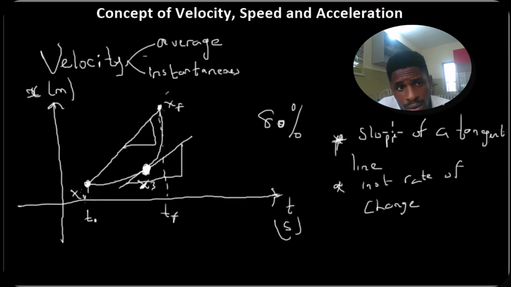All right, so now that we're done talking about velocity, it's time to move to our second concept, which is speed. What is speed? Before we talk about speed, let's quickly add that velocity, whether instantaneous or average, can be positive, negative, or zero. We talked about this when we talked about displacement: the signs simply account for the direction.